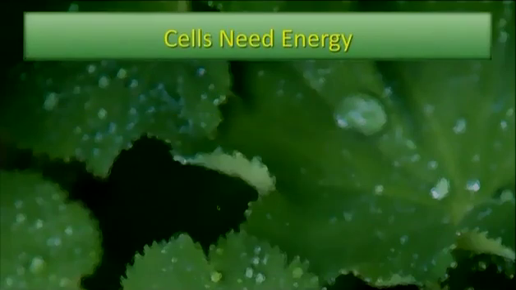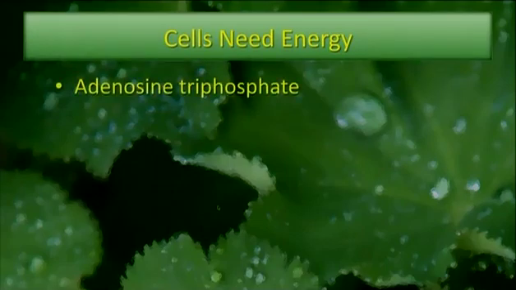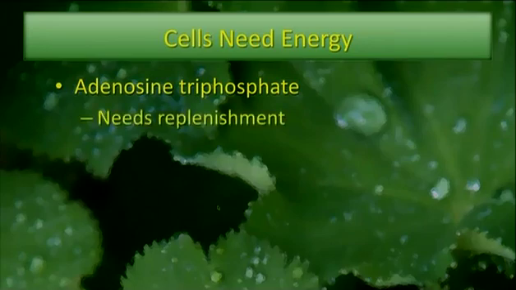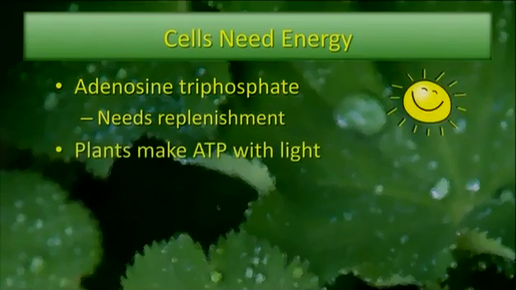Now cells need energy to do work. The molecule of energy in the cell is called adenosine triphosphate, also known as ATP. It constantly needs replenishment; it needs to be made all the time. Millions of them are made in every cell in our bodies, and in plants' bodies. Plants make ATP using light, like a solar-powered engine.